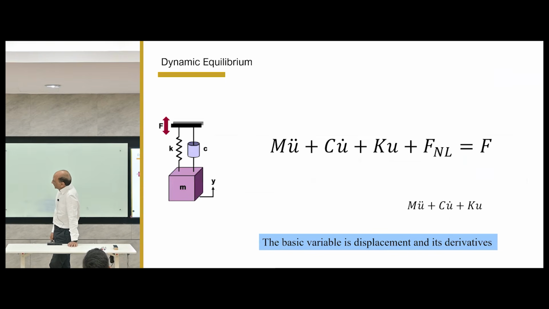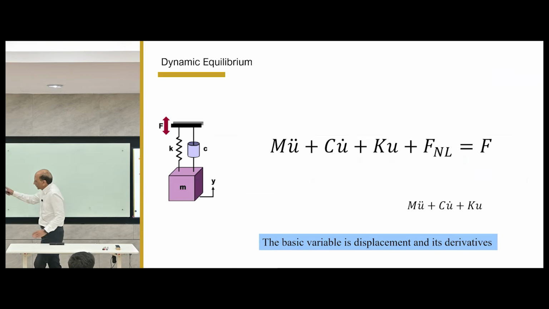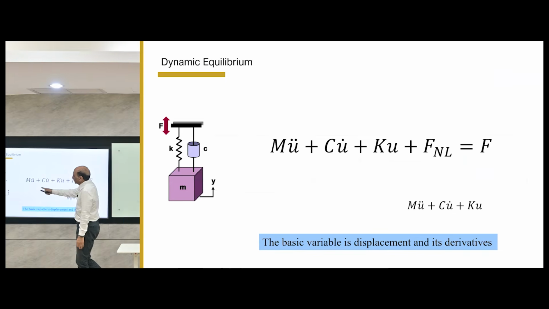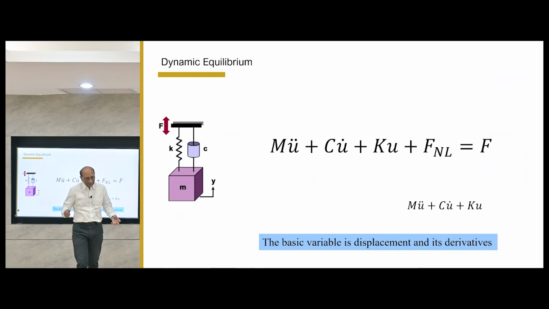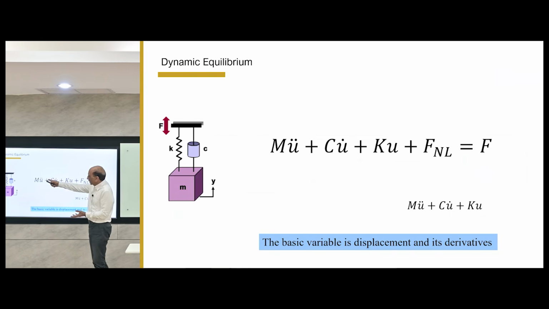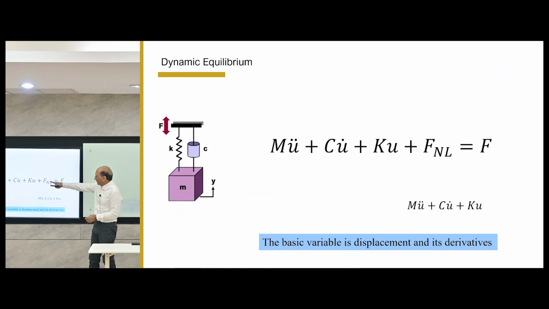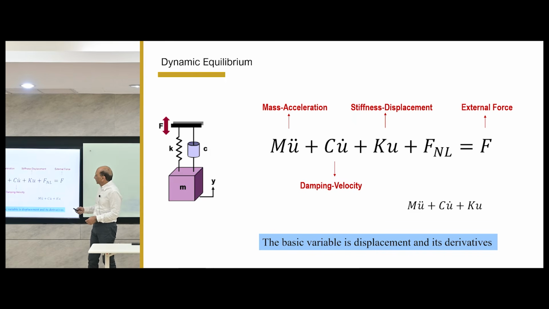Now this is the situation. We have a spring system: this is the mass, this is K and C, acting together with the mass. We can write this equation for this one. This is the external force. That is the mass acceleration component of the force. That is the damping velocity component of the force. This is the stiffness displacement component of the force.